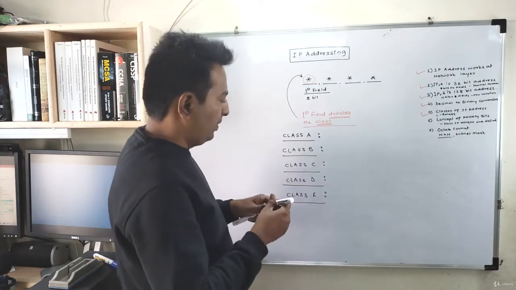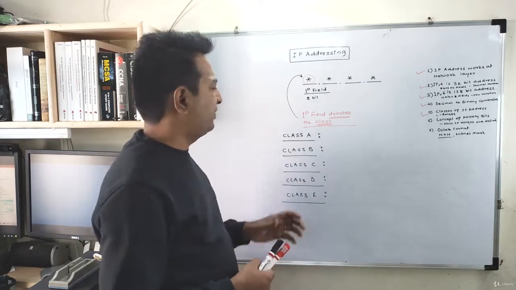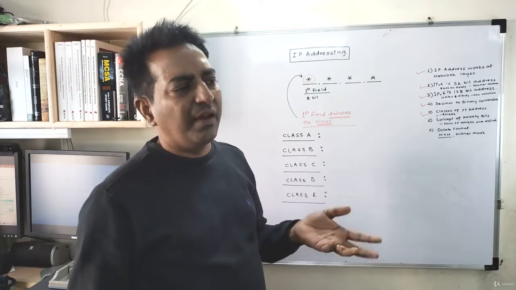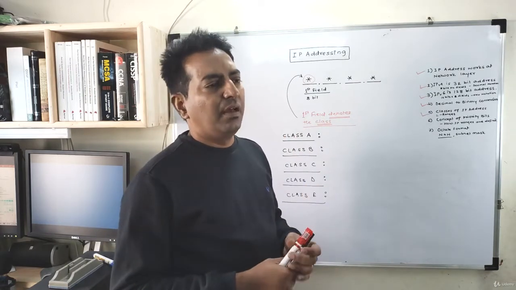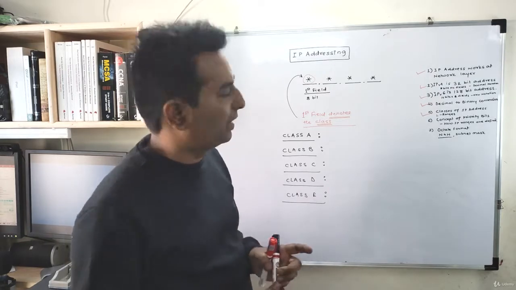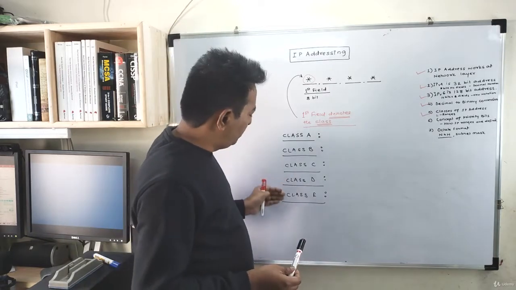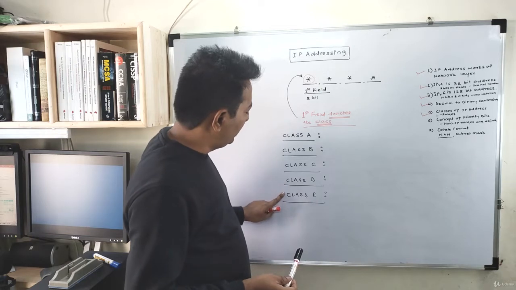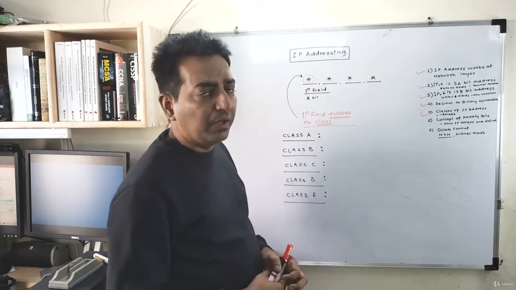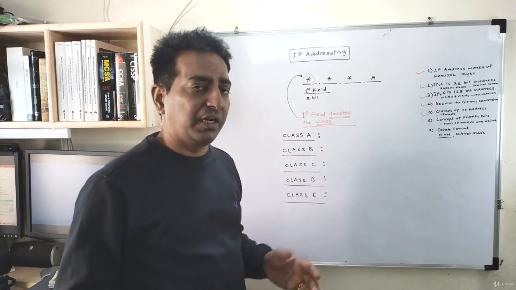So why are these classes defined? See, when you have a network, you need to have some logic behind assigning IP addresses to computers on the network. I'm sure that after understanding these class ranges, you will get better clarity on what range needs to be used for what kind of network.